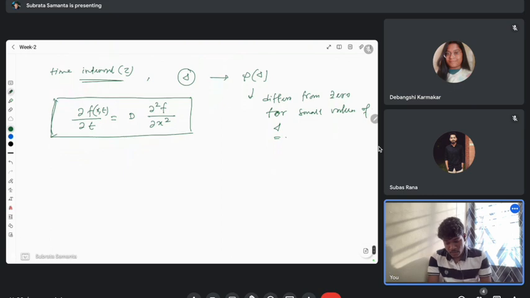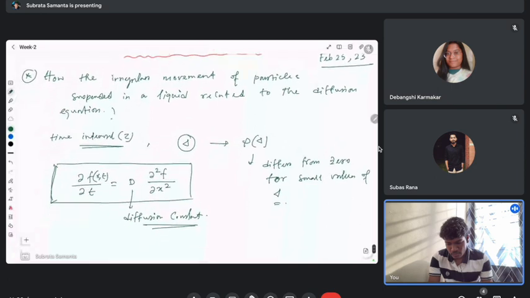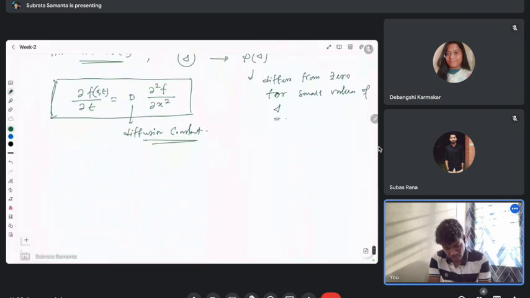Here D is the diffusion constant, right?